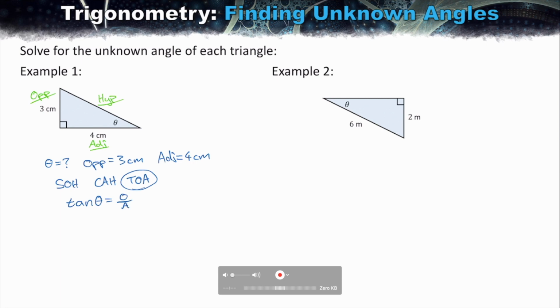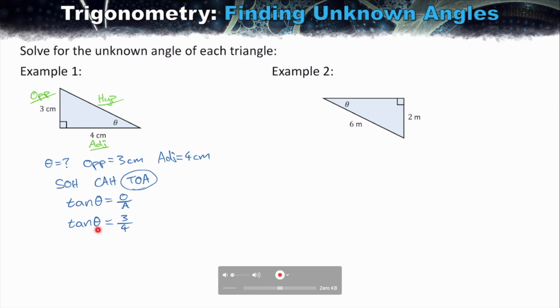At this point, we now need to substitute our information. We don't have the angle this time. We've got the tan of the angle, which is equal to the opposite, which is 3, divided by the adjacent, which is 4. Now we need to solve, rather than for the tan of the angle, for the angle. So we need to split apart this tangent and the theta, which in our algebraic rules, we always think about doing the inverse of the opposite.